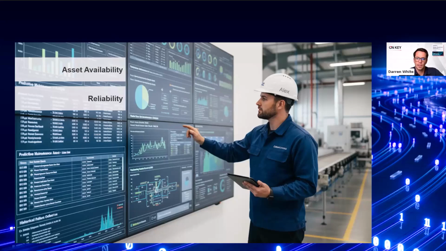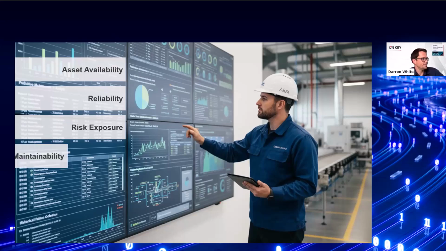So your asset needs to consistently perform without failure. Then risk exposure. Your high risk assets can lead to major financial losses and even impact the safety of staff. And then maintainability.